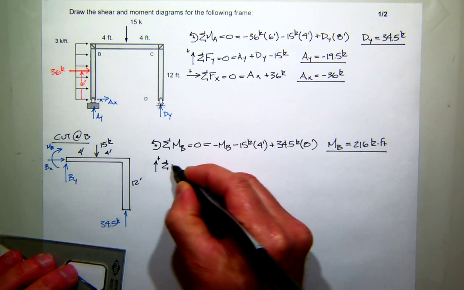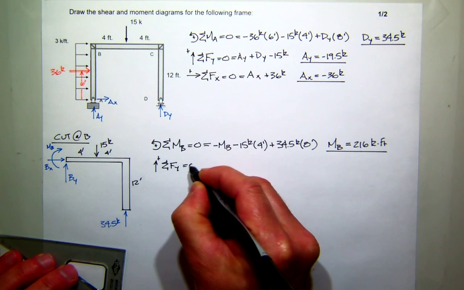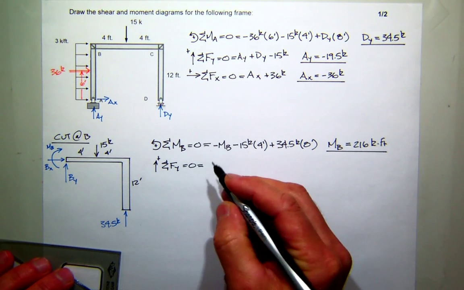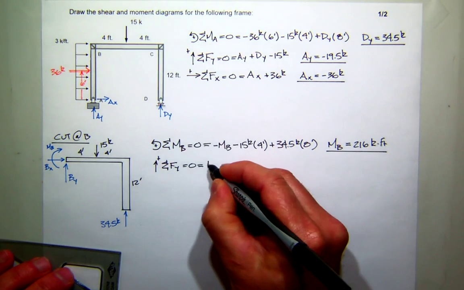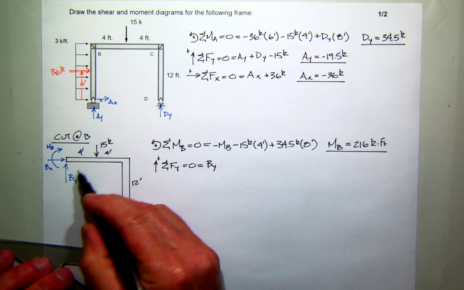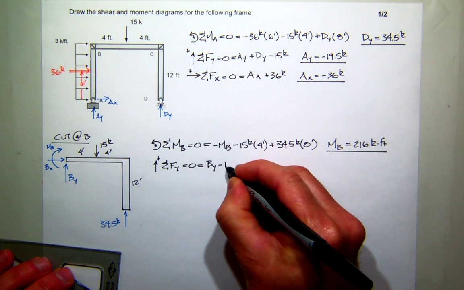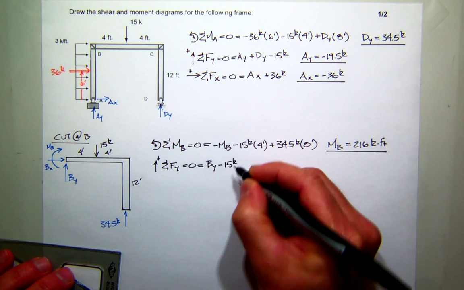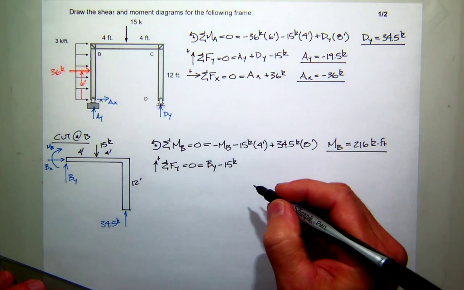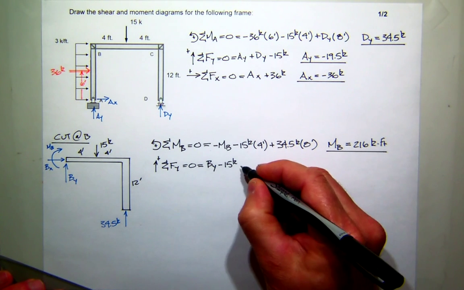sum forces in the y direction. So I have BY acting up. Got this 15 kip force acting down. And the 34.5 reaction, that's acting up.